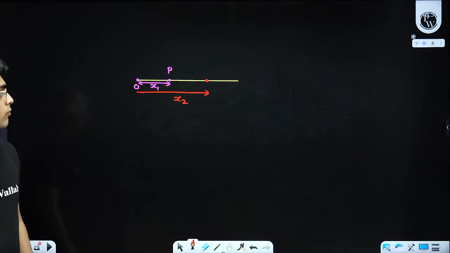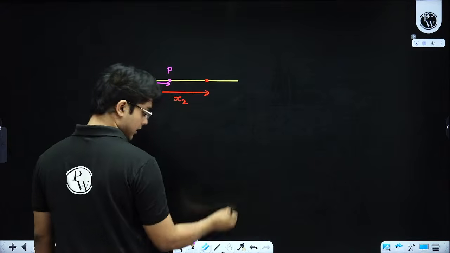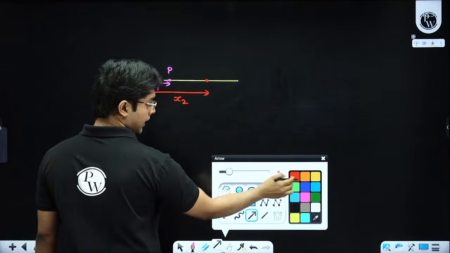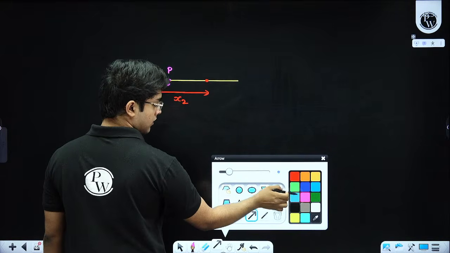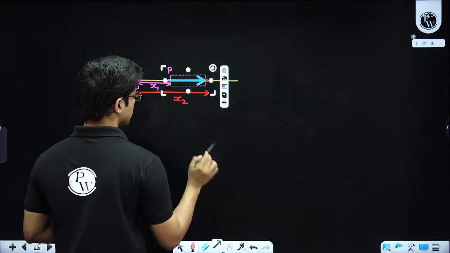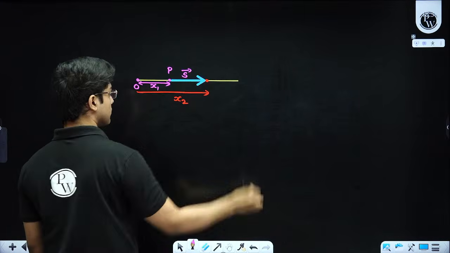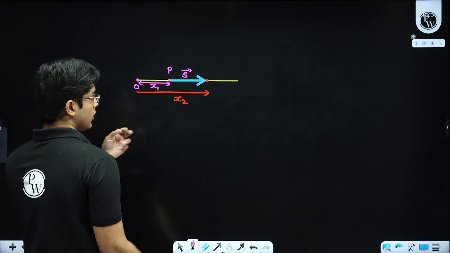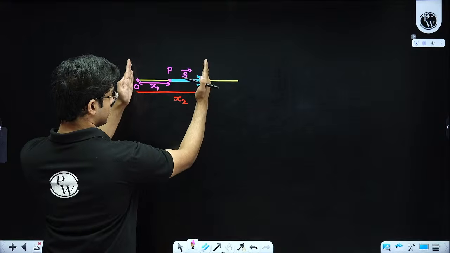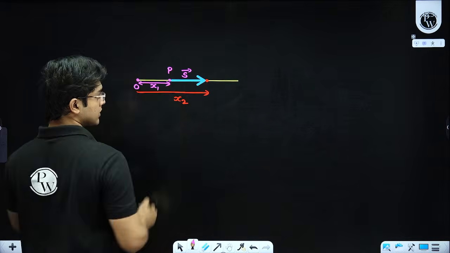So here what is the displacement? If I ask you the displacement, it is simply the vector connecting the starting point to the ending point, right? So that vector is going to be this one. This blue vector is the displacement vector. Okay, I'm going to write it as S vector. So what is the length of this S? All you have to do is from this length, which is x2, subtract this length, which is x1.